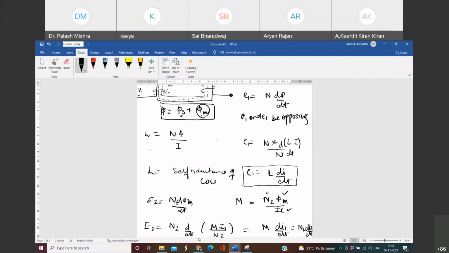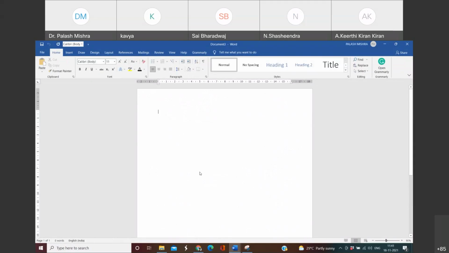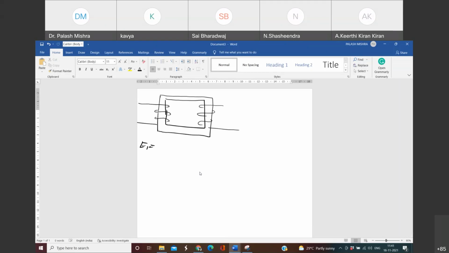Yes, sir. This equation. So overall, I can say that if this is a transformer, there will be the induced EMF E1 here, which will be equal to L di by dt, or which will also be equal to N1 d phi by dt.